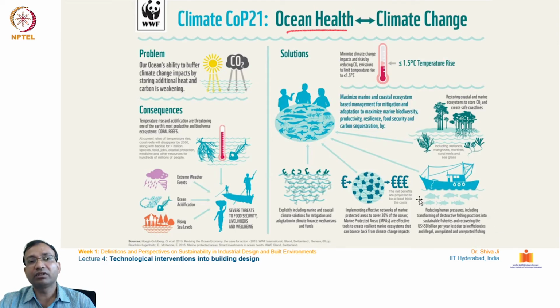So fishing has also in recent times become one of the very high impacting human activities happening in the open oceans. Restoring coastal and marine ecosystems to store CO2 and create safe coastline. So there are several efforts which we can put up from our side for the well-being of our oceans.